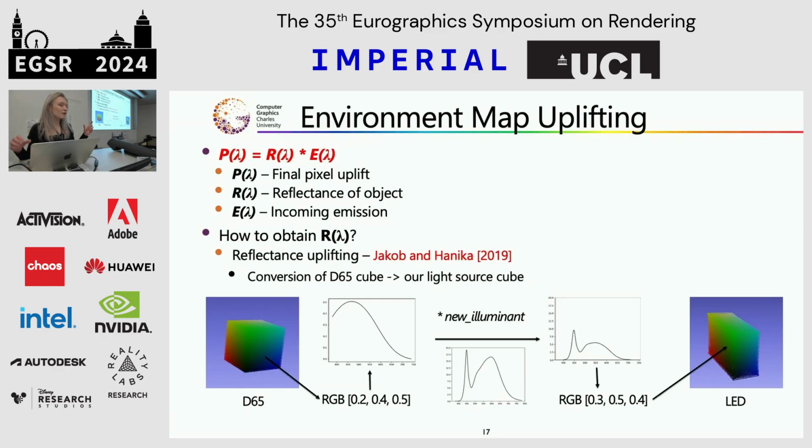That was the cube uplifting technique. The only problem with this technique is that it was designed for the D65 illuminant, which means that all of the spectra that are stored, those RGB to spectral mappings, evaluate to these RGB values under the D65 illuminant. But we already found a distinct illuminant in the scene, and we want to use this one. That's the one we found with the light source detection.